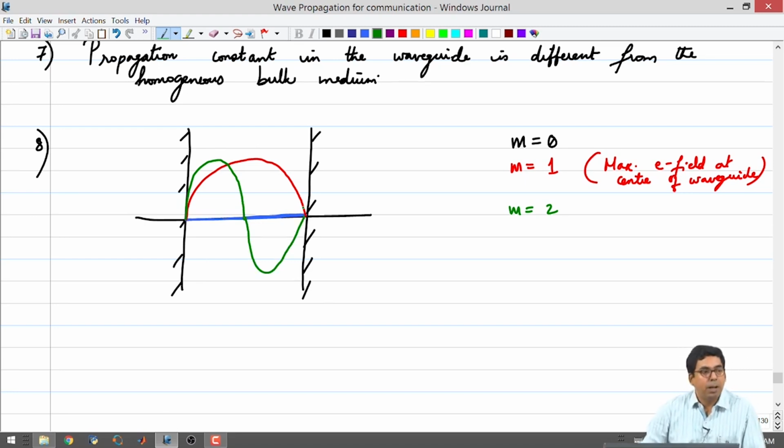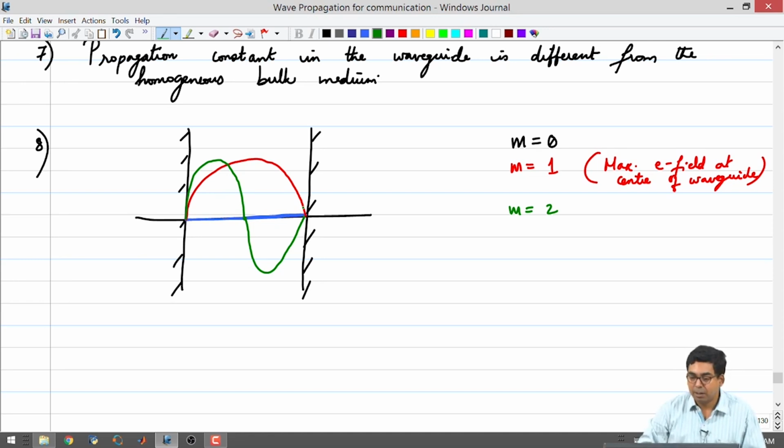As you go from one plate to another plate, the electric field will go to a peak, then it will have a 0 crossing, then it will go to a negative peak, and then it will end on the other plate. If you wanted to plot the magnitude, it would look like two lobes in the positive axis. But here I want to emphasize that it does change sign. So, m equal to 2 corresponds to this kind of electric field profile.